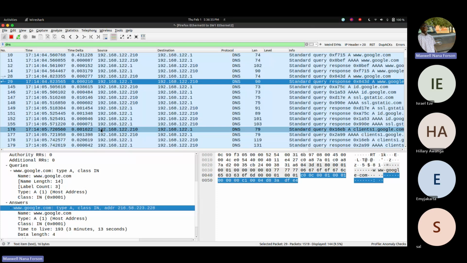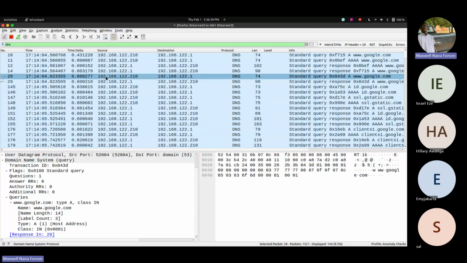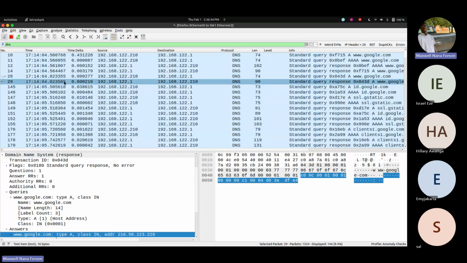For example, here I sent it at this particular point in time, and the response came back around this time, right? So I can see the time in between when you sent it and when you received it. From there I can conclude that it took the server this much to respond, and this is why it did that. So that's how we could have deduced what the issue was.